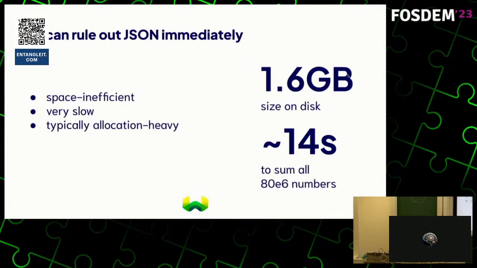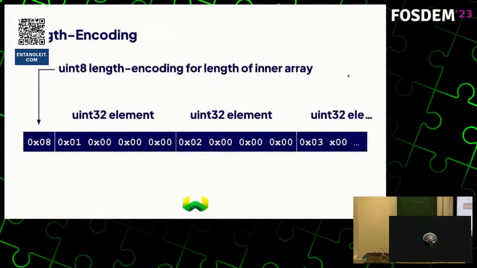So in our fictional example, that would take up 1.6 gigabytes, and you'll see soon that we can do that more efficiently. But also, it's slow. Part of why it's slow is, again, because we have these memory allocations, but also the whole parsing just takes time. In our example, this took 14 seconds to sum up those 80 million numbers. And as I said before, you just don't have double-digit seconds in a database.